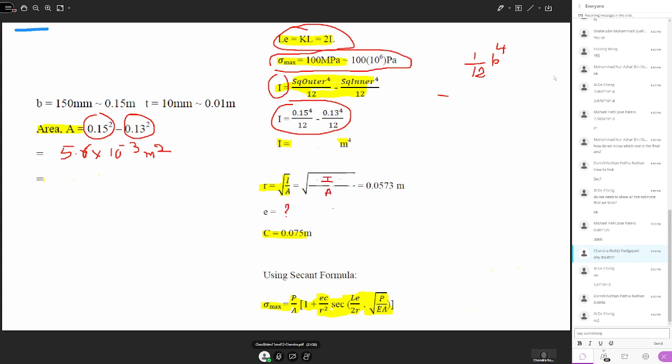So inertia is 1 over 12, b to the power of 4. Can you calculate and let me know how much you get?